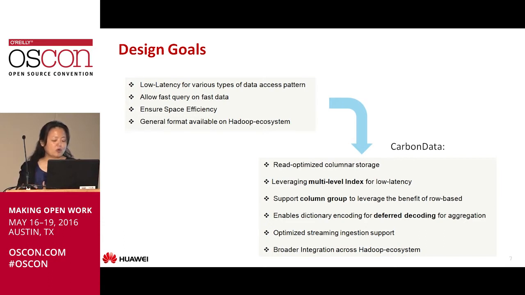Enabling dictionary encoding is a way for us to speed up aggregation queries, so that we can defer decoding until a later stage. We also have optimization for streaming ingestion for fast data. Lastly, broader integration with other platforms or processing engines in the Hadoop ecosystem is our plan.